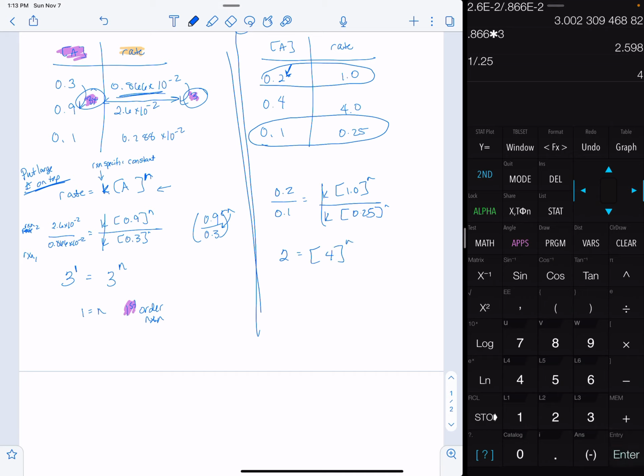You can go ahead and do the log and everything, or you might see that 2 raised to the 1 is the same thing as 2 raised to the 2n. So what we're saying is that in this case, n is equal to 2. When you double the concentration, you quadruple the rate. So do you see how the rates aren't doing the same thing? That's how it works.